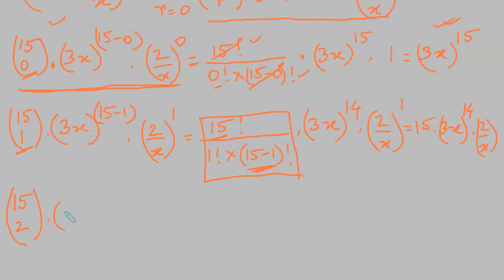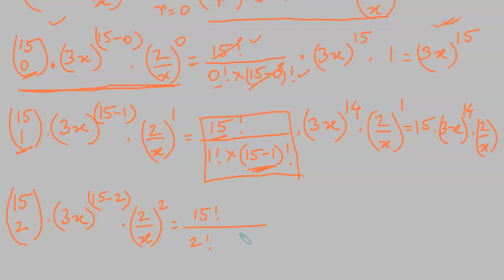15c2 times 3x raised to the power of n minus r, that is 15 minus 2, and 2 over x raised to the power of r, which is 2 over x raised to the power of 2, is equal to 15 factorial over 2 factorial.